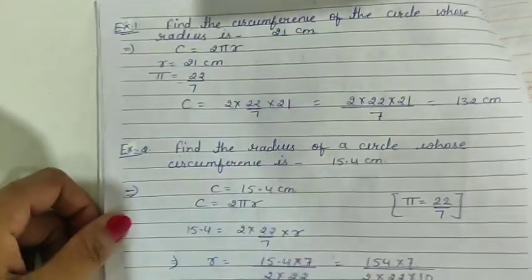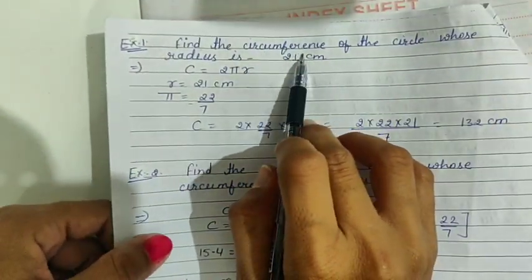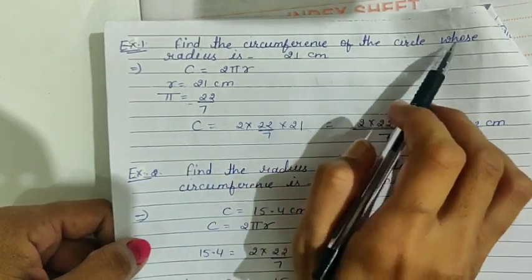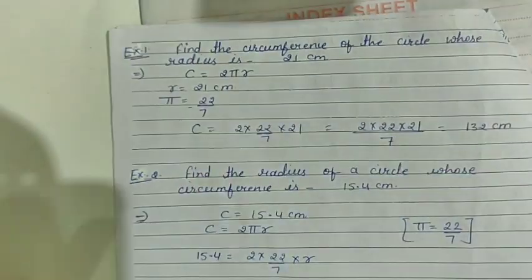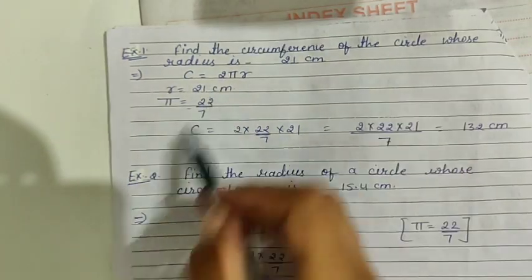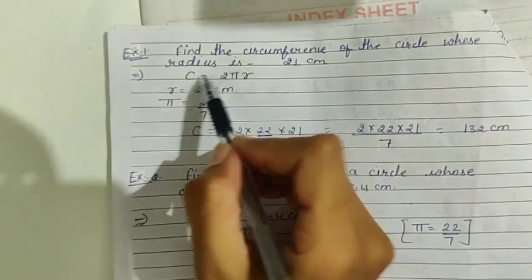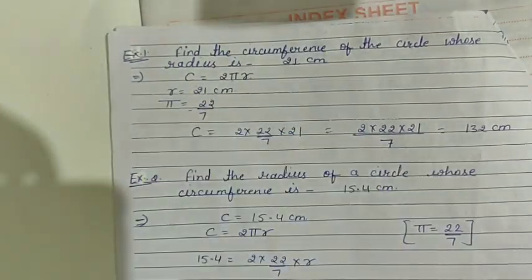Now example number 1. Find the circumference of the circle whose radius is 21 centimeter. Radius of a circle is given as 21 centimeter and we have to find its circumference. So students, we know that circumference is equal to 2 pi r.